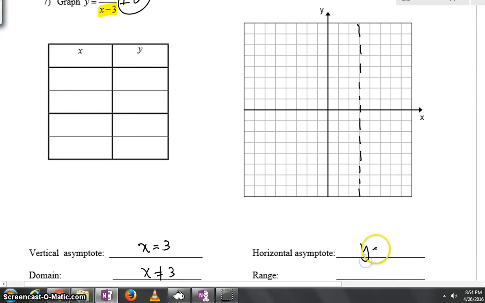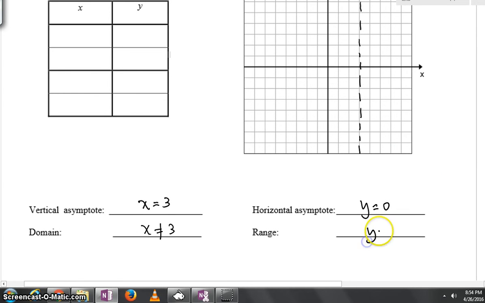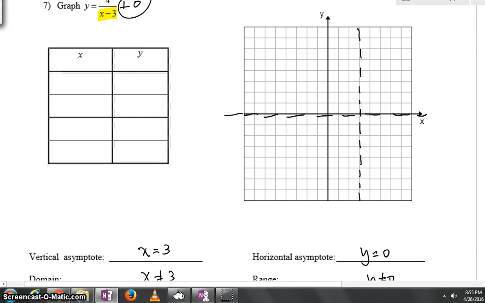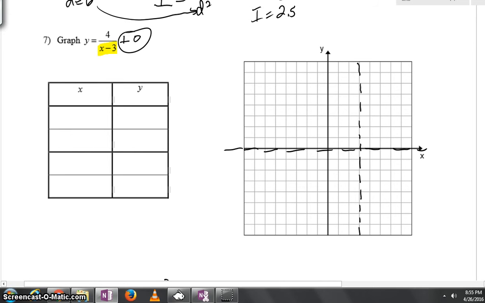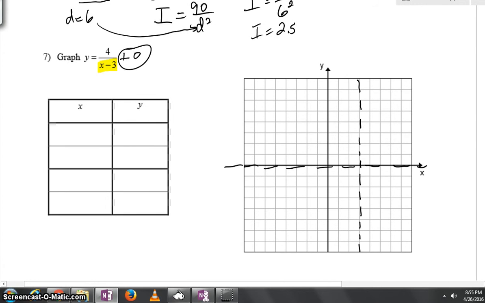You'd say y equals 0. Your range would be such that y could not equal 0. And please draw in, even though that is going over the x-axis, we do want to see that horizontal asymptote drawn in. And right now, you are almost done when it comes to finishing this thing up.